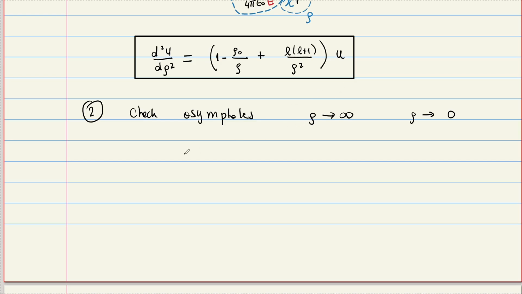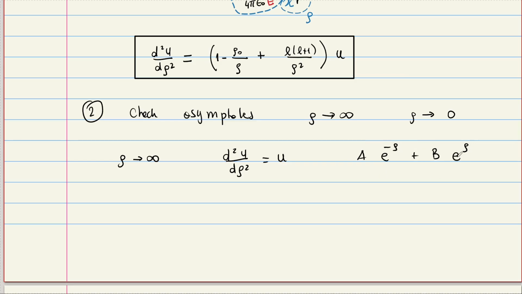So let's first check this rho goes to infinity. I can drop this and drop this, and the equation becomes d squared u d rho squared is equal to u. And the solutions are something like a times e to the minus rho plus b times e to the plus rho, right?